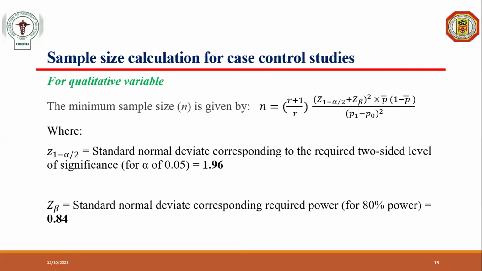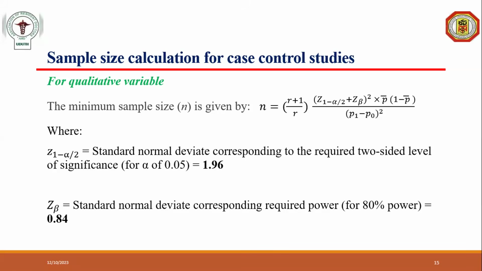Rather, you select them on the basis of whether they are a case or not. That is the only thing you are after. You can use hospital cases, you can use general population cases. Just find your cases of lung cancer.